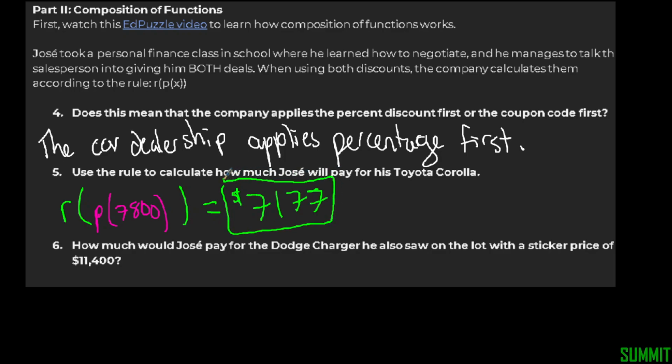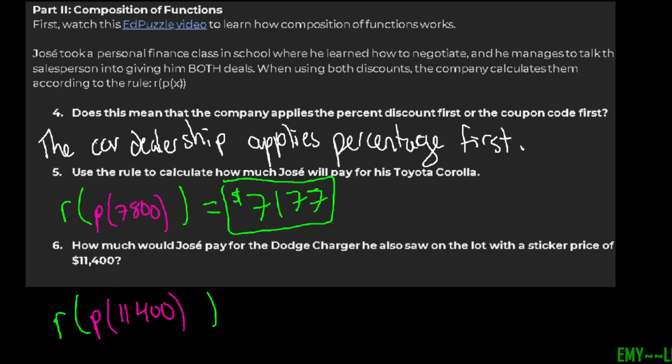All right. And then for number 6, it says, how much would Jose pay for the Dodge Charger he also saw on the lot with a sticker price of $11,400? So we would say, okay, now we need to find R of, so let's do it again. R of parentheses, and I'm going to say P of 11,400.